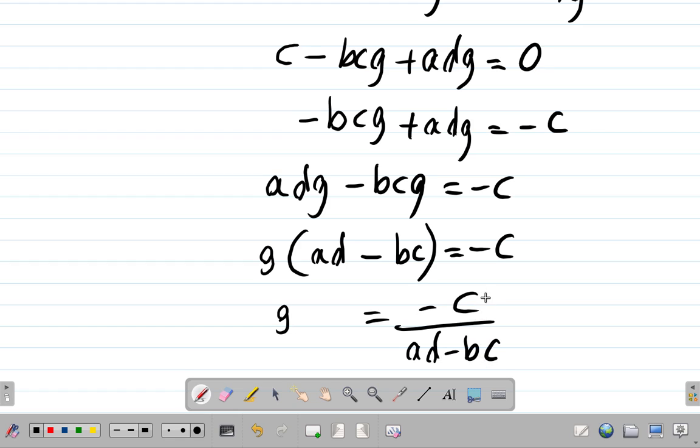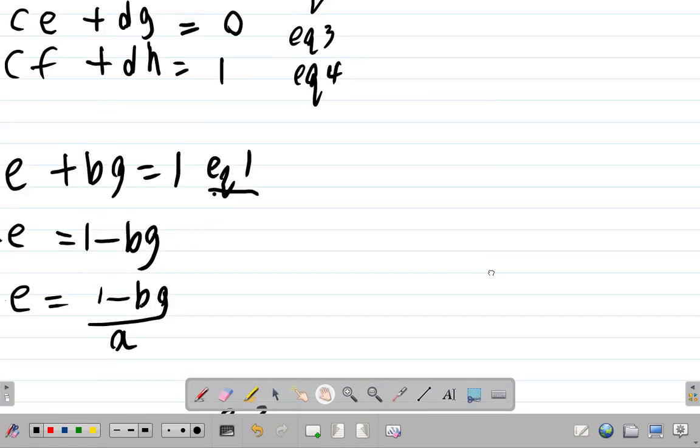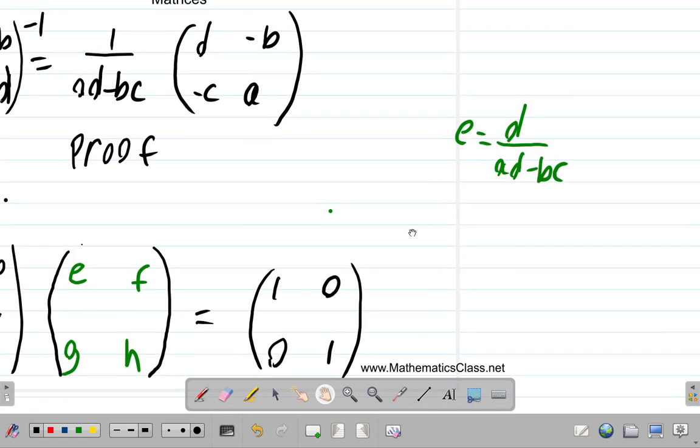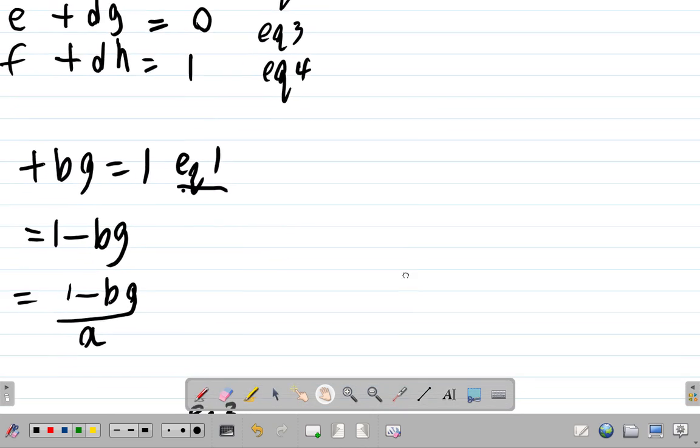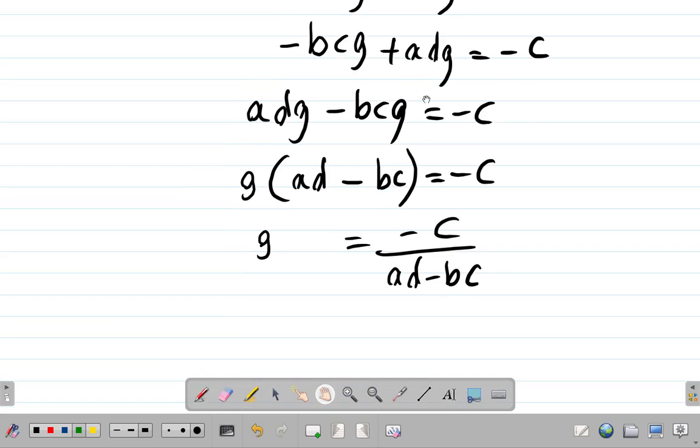So G is negative C over AD minus BC. Let's put it up here. G is negative C divided by AD minus BC. Alright. Negative C divided by AD minus BC.